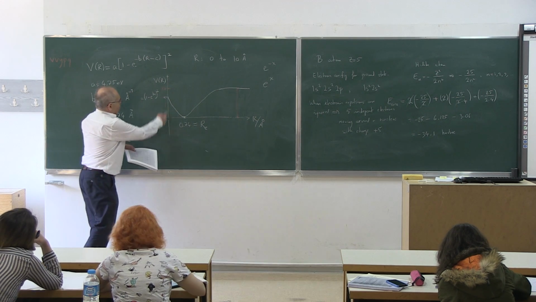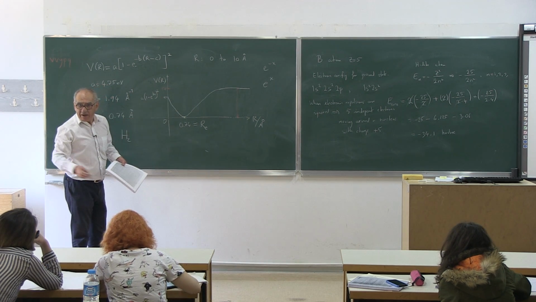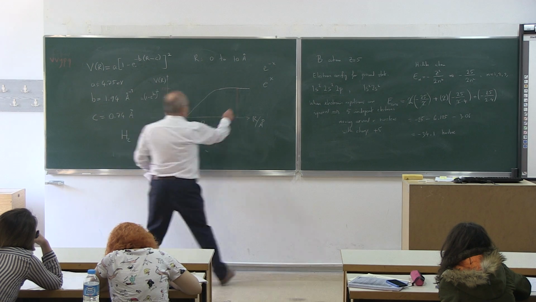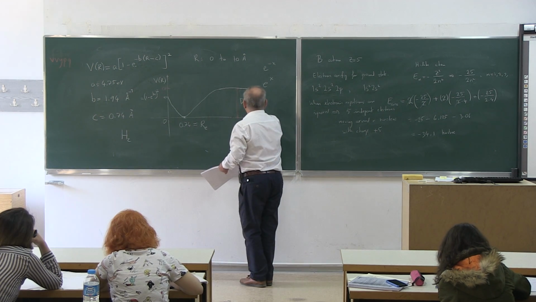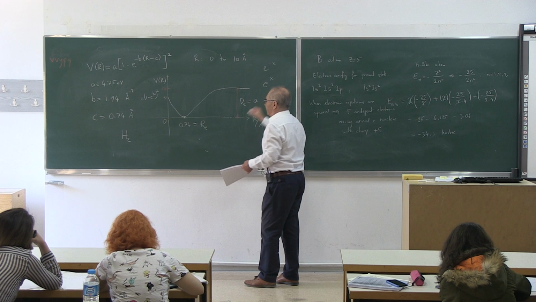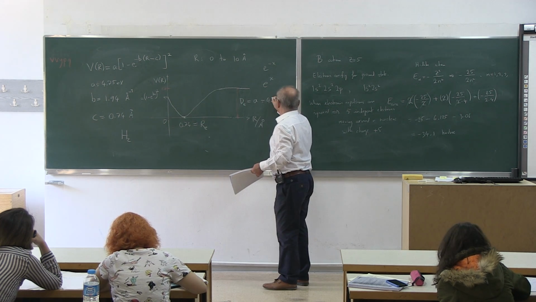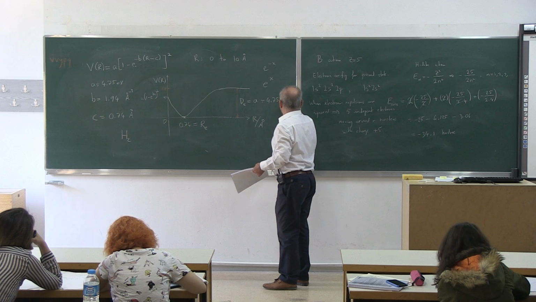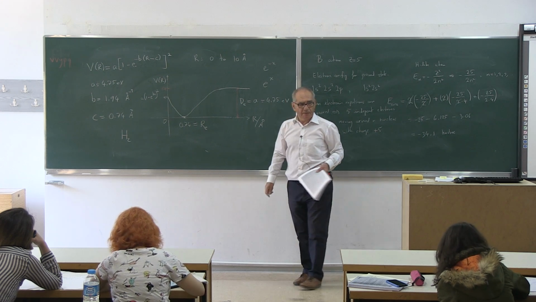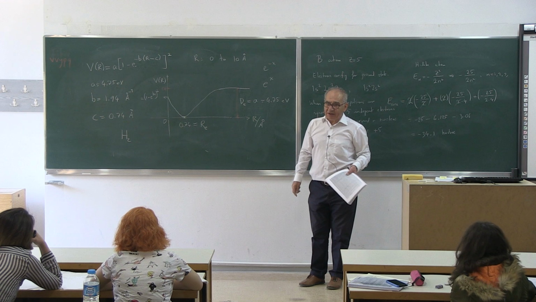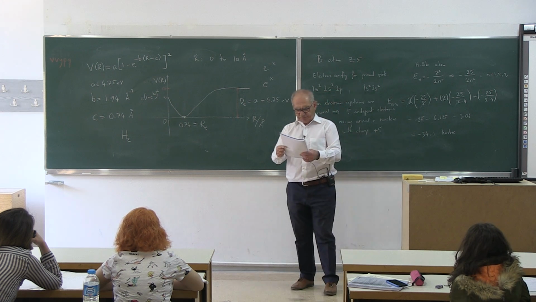So this is 0, this is A, A minus 0 is A. So this electronic dissociation energy is simply A. What is the value of A? 4.75 electron volts. This is the electronic dissociation energy.